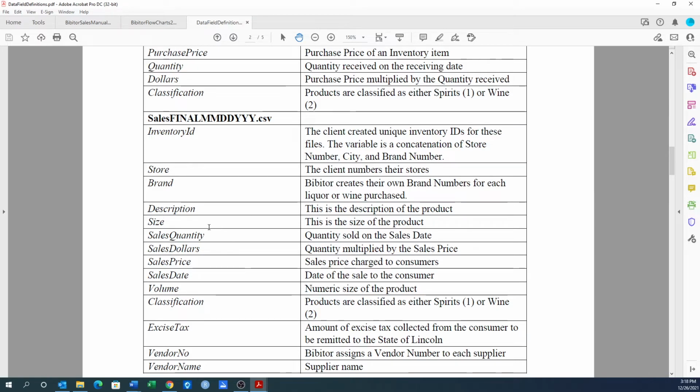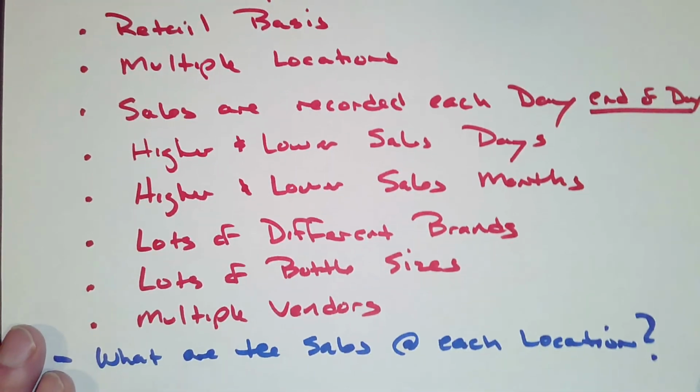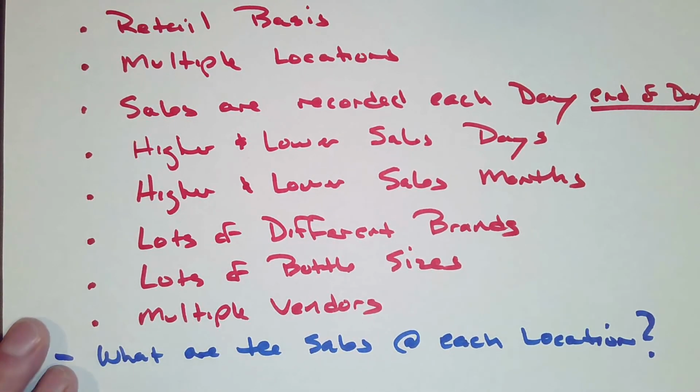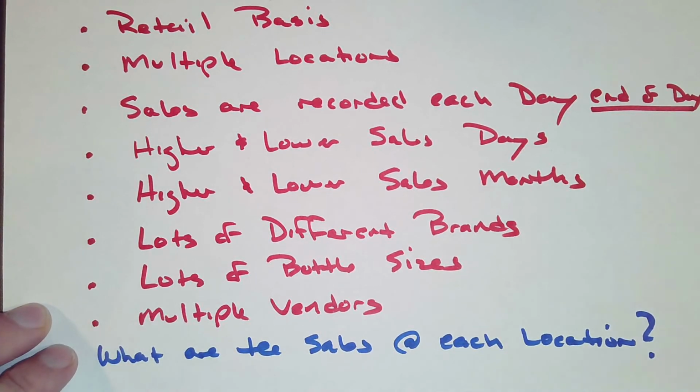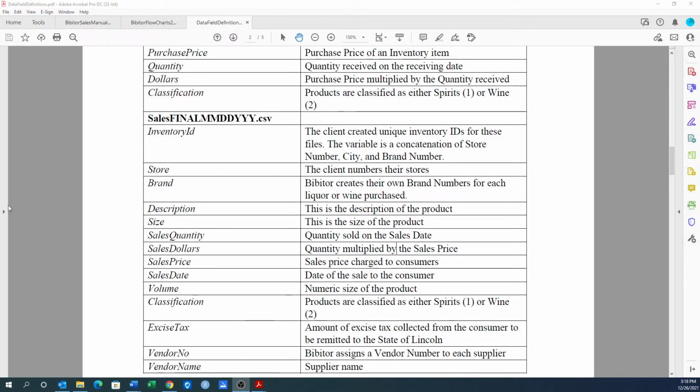But for our particular question, which is what are the sales for each location, I think we have the variables that we need. We have them in our possession.